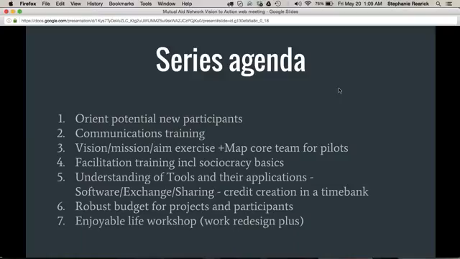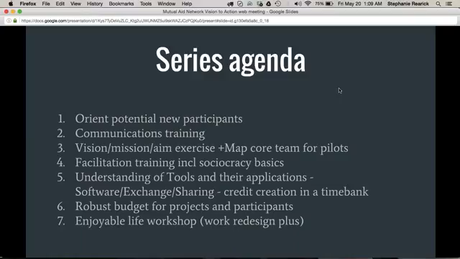Then the next session will be about tools and their application, so orienting you to software that we're using for project management and exchange, but also specific exchange and sharing tools for resources. And then robust budgeting for projects and participants, how we can create a vision of a basic human livelihood that includes a wide array of resources in addition to money and displacing our need for money.